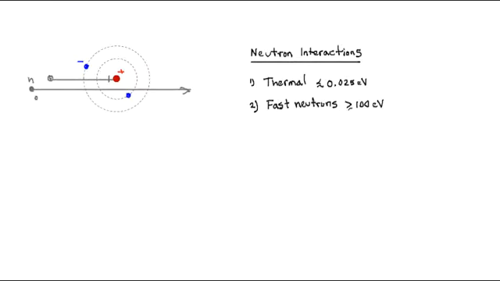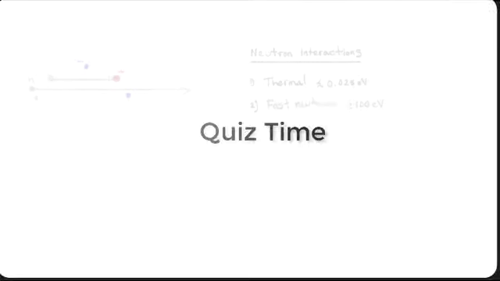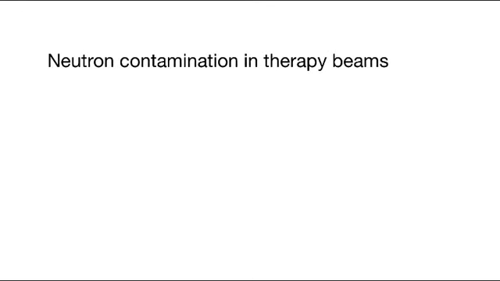I'd like to just say a few words about how neutrons are relevant in the therapy context. So first we'll talk about neutron contamination in therapy beams. First example, a photon beam. If the photon beam has an energy greater than 10 MV, in that case you can get what are called photoneutrons.